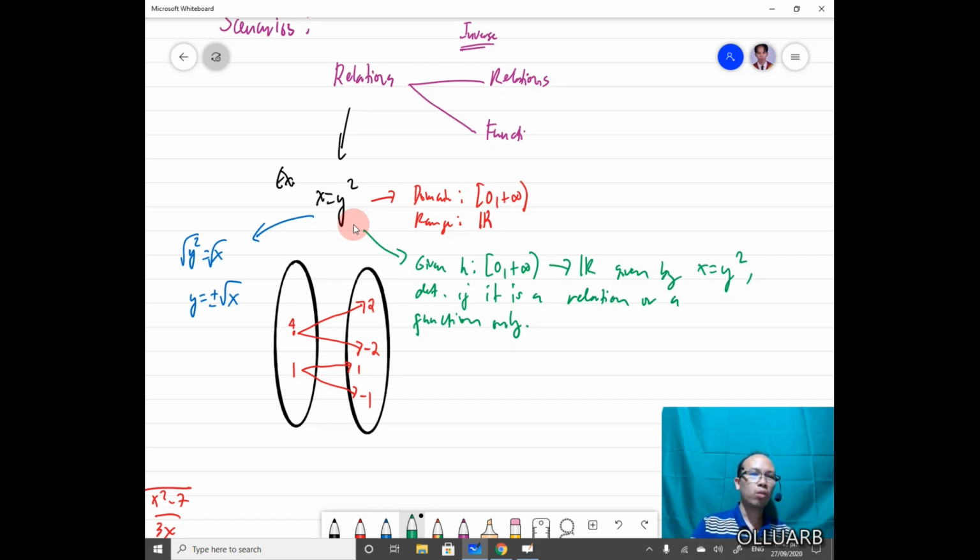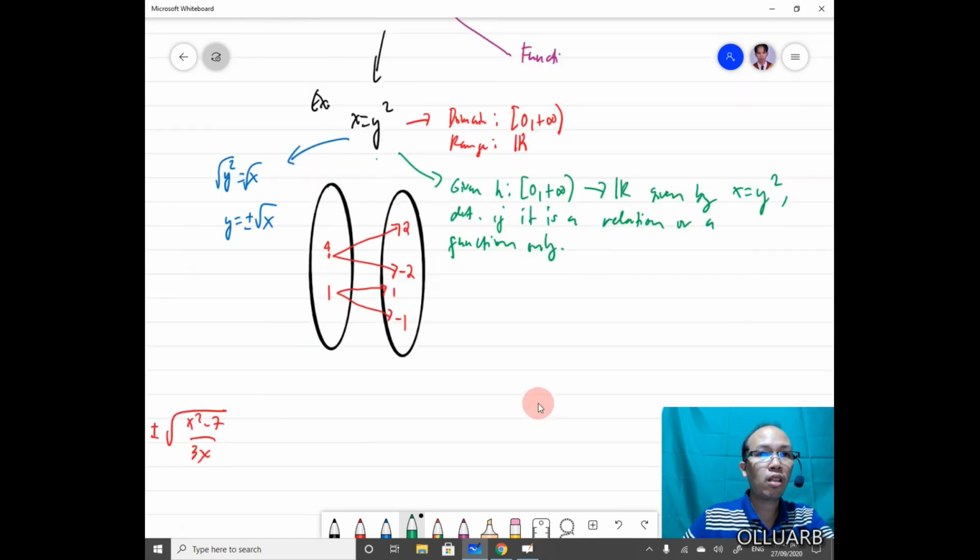So all functions are relation. From here we can say that this is a relation. There is a method on how to determine if the given equation is a relation or function, by using this test.